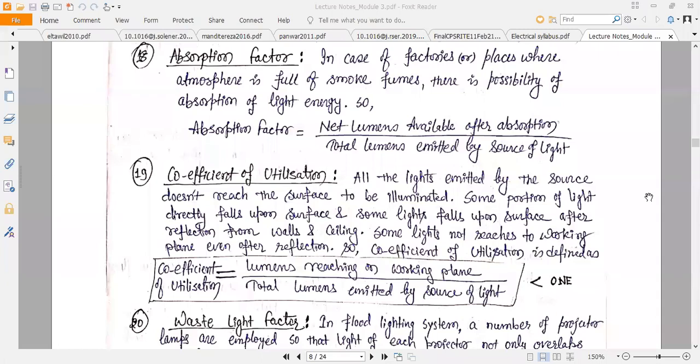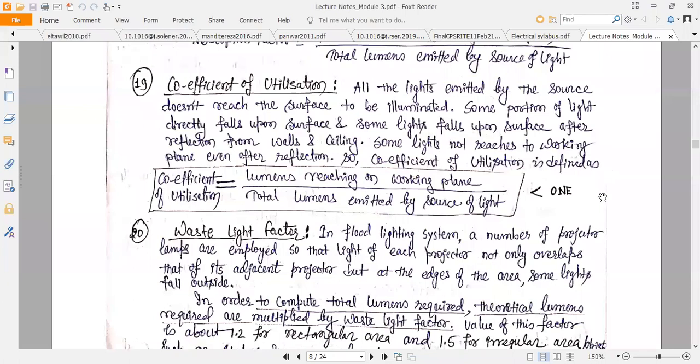Next one is coefficient of utilization. Coefficient of utilization is the ratio of the lumens reaching the working plane divided by total lumens emitted by the source of light. It is very much similar to the absorption factor. Take the same classroom example again. If tube lights are fitted in the classroom, how many lumens reach the working plane, the bench where you are writing?